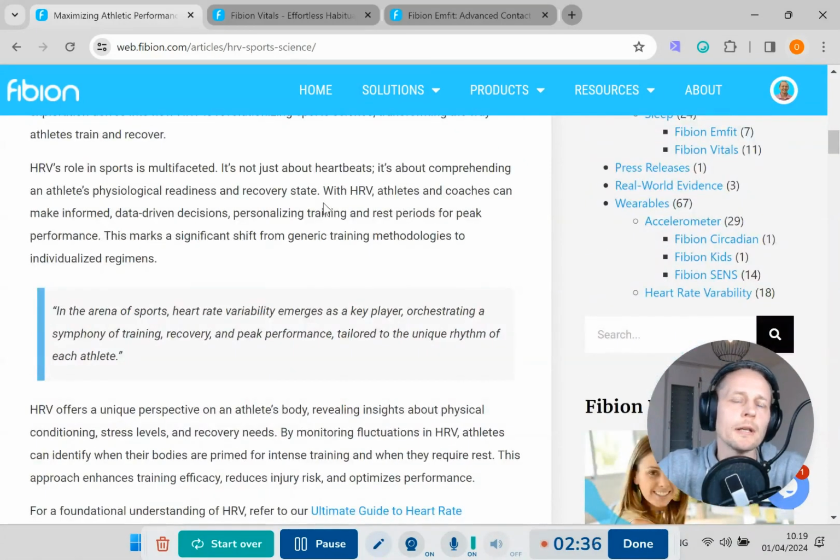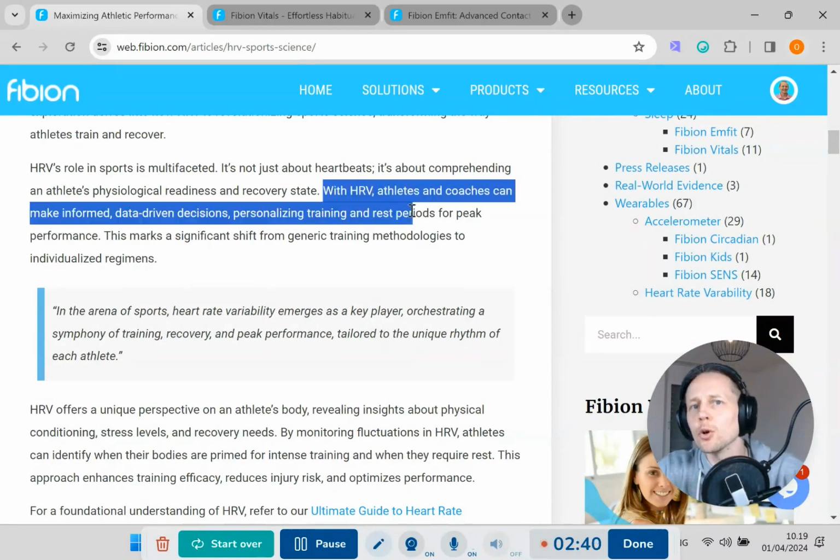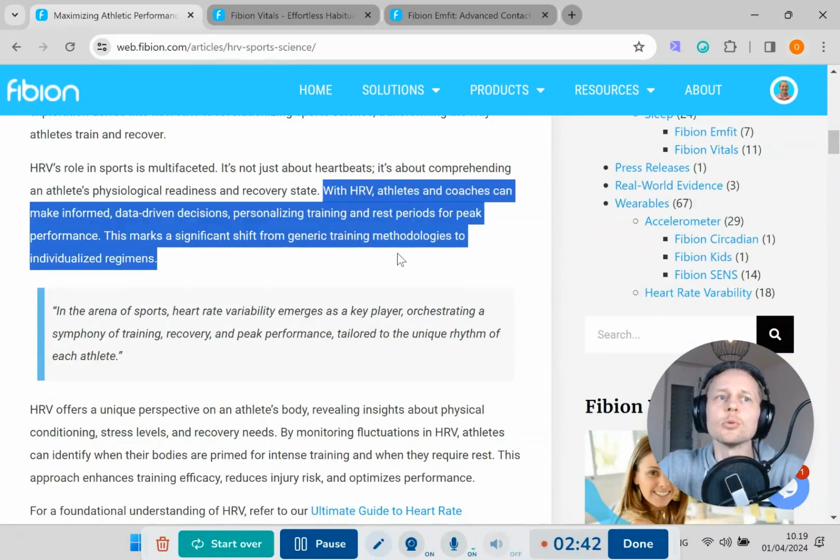So when we are using HRV, I think the important point is that the athletes and coaches can make informed, data-driven decisions, personalized training, and rest periods for peak performance. And you shouldn't be using HRV alone, but it should be supporting the feelings of the athlete and the knowledge of the coach.